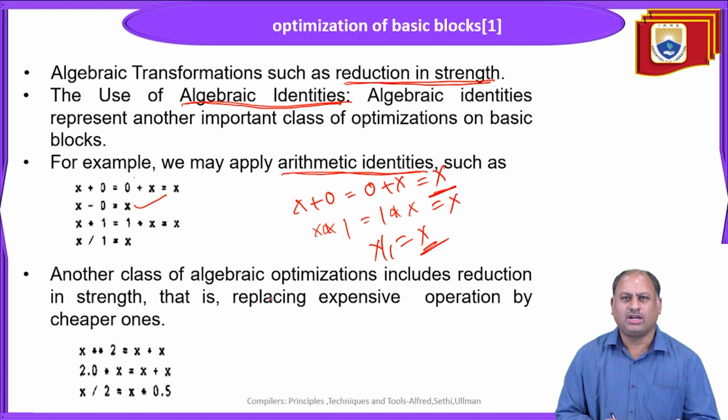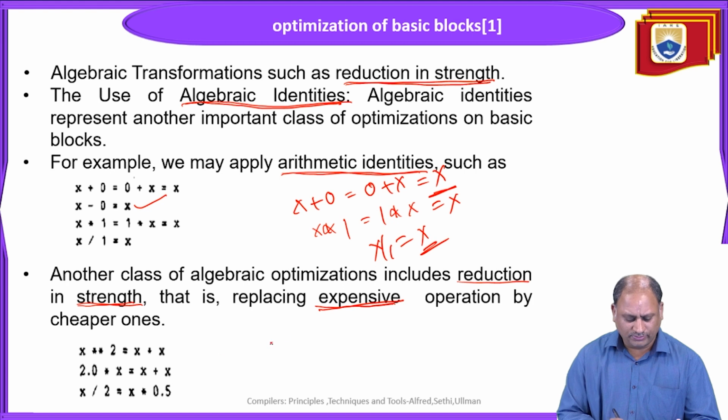These are all different classes of arithmetic identities, and we are going to substitute them with the corresponding simpler expressions. Another class of algebraic optimization is strength reduction. We apply strength reduction by replacing an expensive operation with a cheaper operation. An expensive operation involves a lot of complex analysis compared to the cheaper ones.